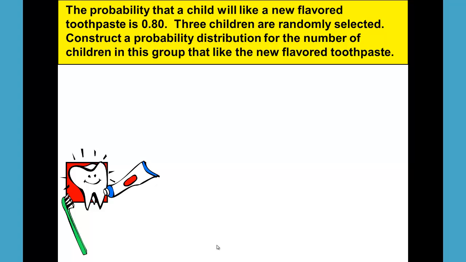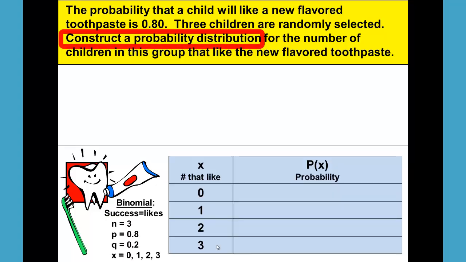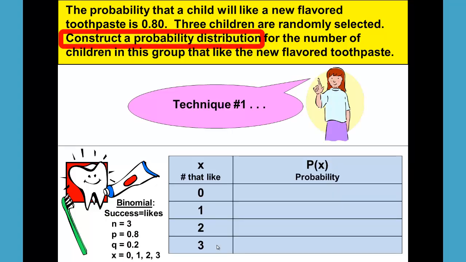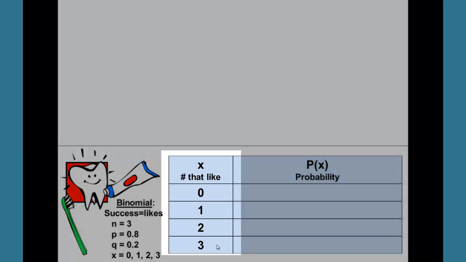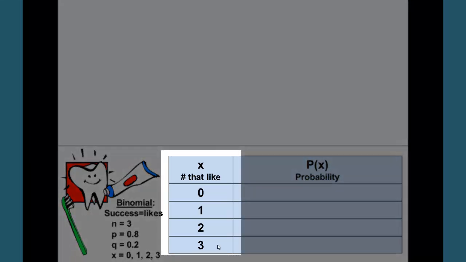Notice for this problem, the directions follow the word construct. We want a probability distribution, and we have our first technique. We will build our table here, and in technique 1, we will start thinking about the number of kids that will like the toothpaste.